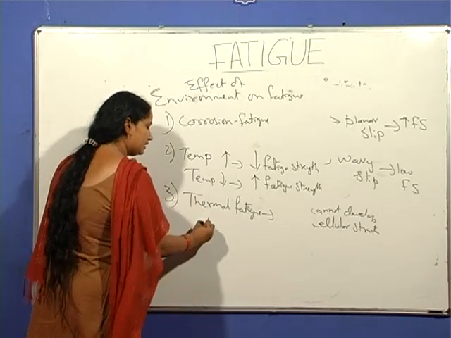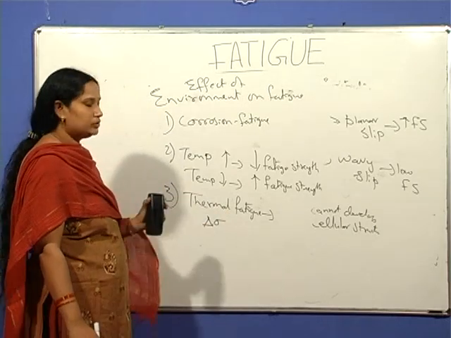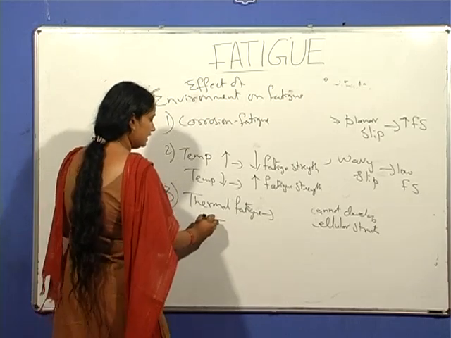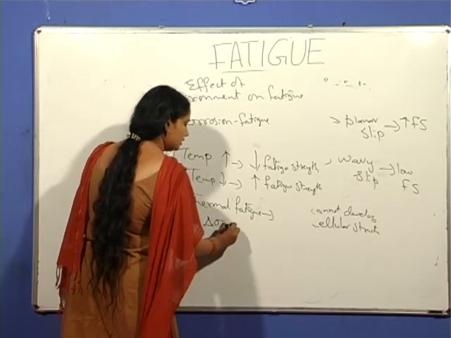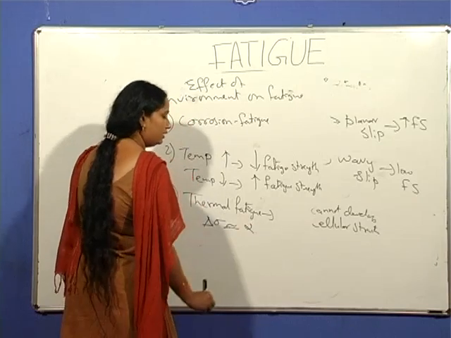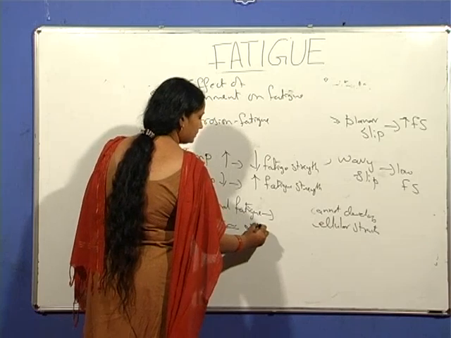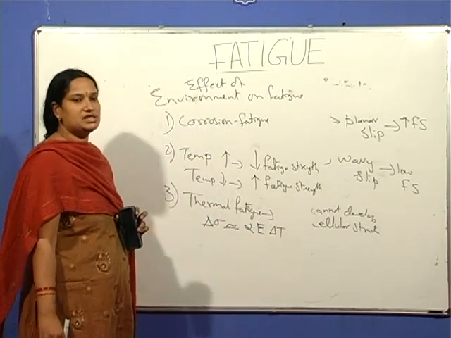The stresses induced due to temperature variations are given by the equation delta sigma approximately equal to alpha E delta T, where alpha is the coefficient of thermal expansion, E the Young's modulus, and delta T the variation in temperature.